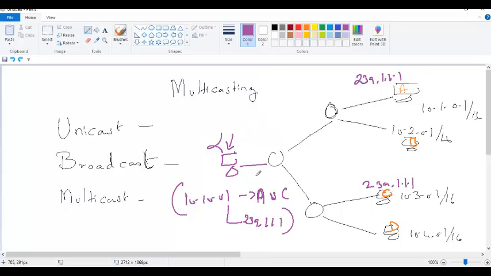If not, even for 100 computers, 100 destinations, one packet only. Let us say I want to deliver the packet to A and B.